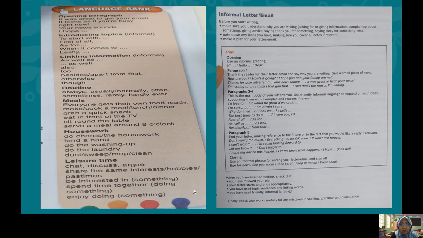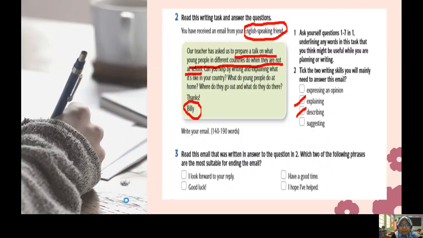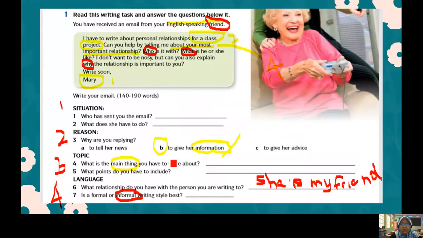So you have to write, we go back to the first line. You have to reply to Mary's email. I have to write about personal relationship for a class project. Can you help by telling me about your most important relationship?